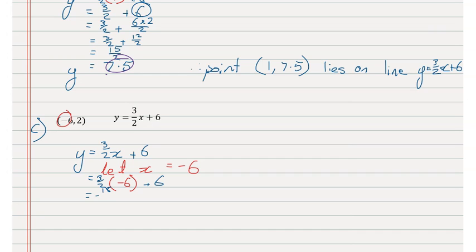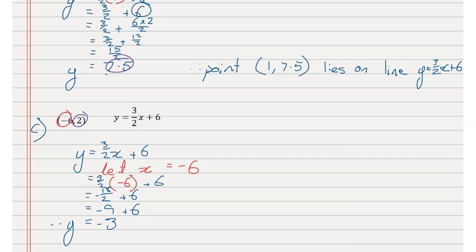So negative 18 over 2 plus 6. This will be negative 18 divided by 2 is negative 9, plus 6. And that will be negative 3. So we've got a different answer. So when x is let to equal negative 6, the value of y is negative 3.